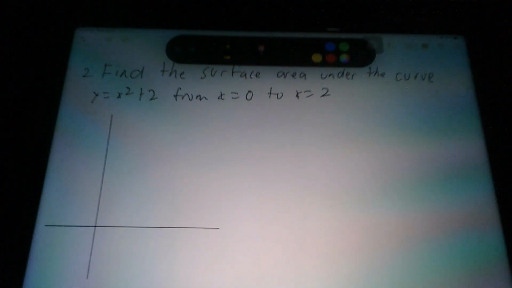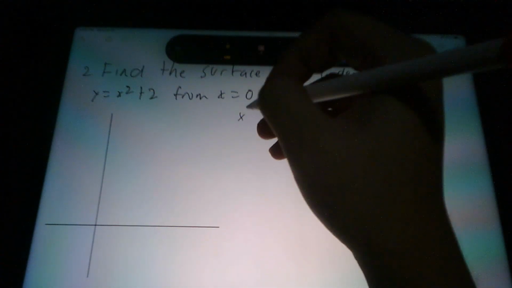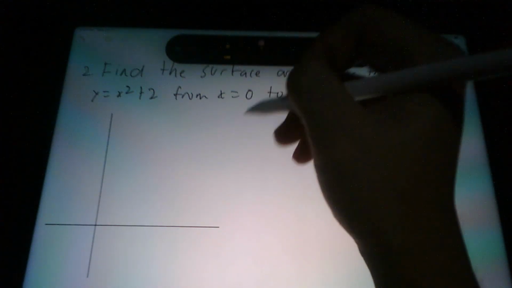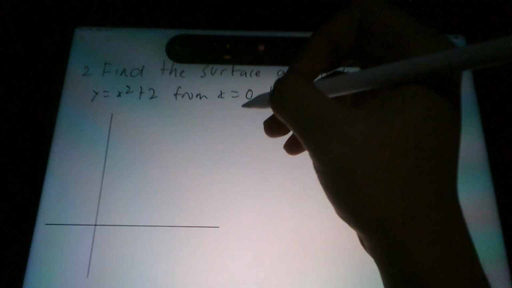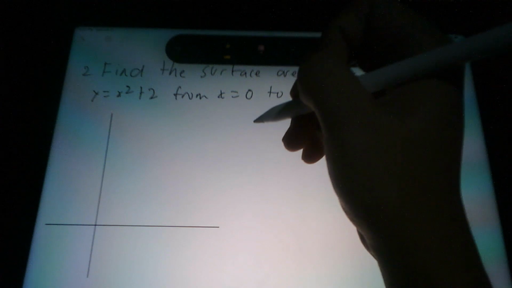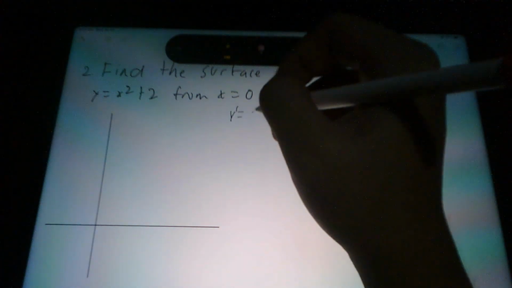So by formulating, first we need to find the vertex of our parabola here. So x squared plus 2. Oh wait, we need to differentiate our y here. So the derivative of x squared plus 2 is just equal to 2x.